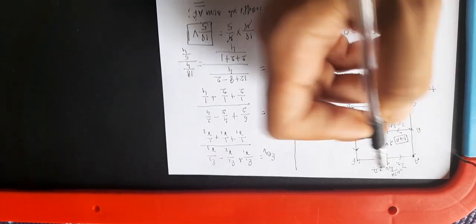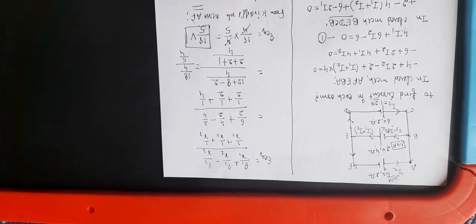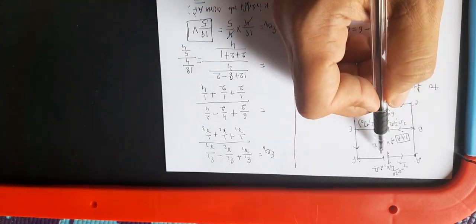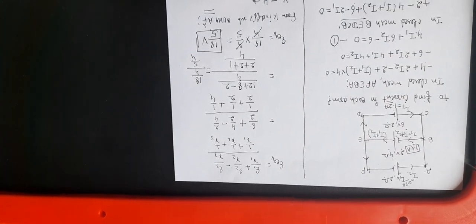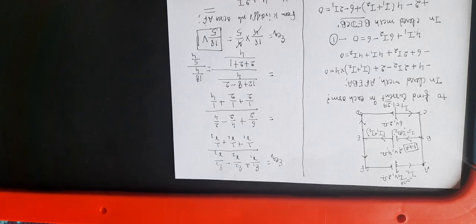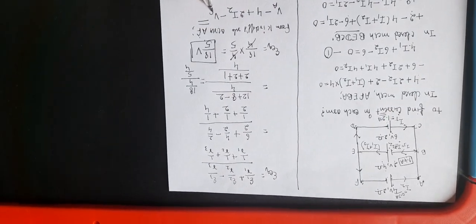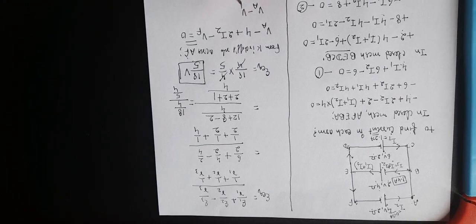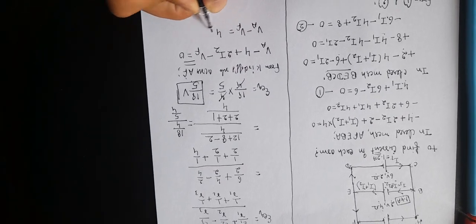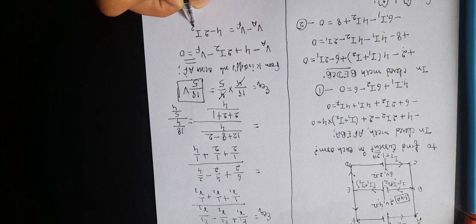What is the potential over here? 4. Now again we are moving against the current, that is plus 2 times I2. Then at point F, that is minus VF equal to 0. So VA minus VF turns out to be 4 minus 2I2.